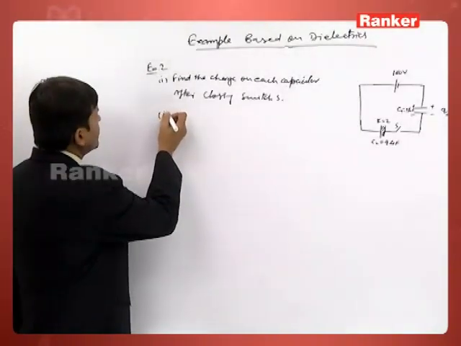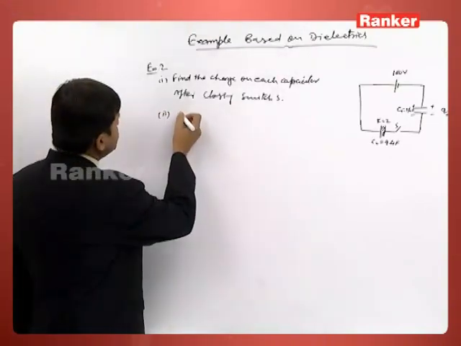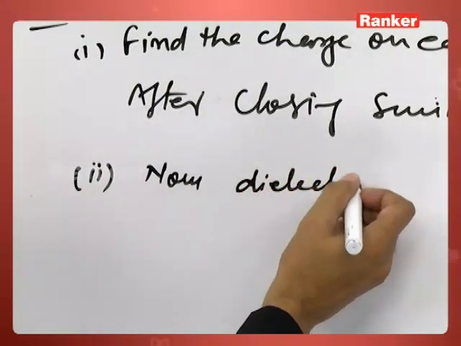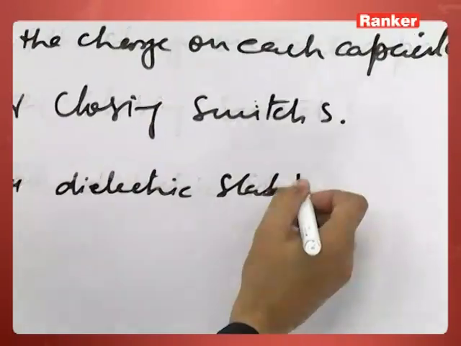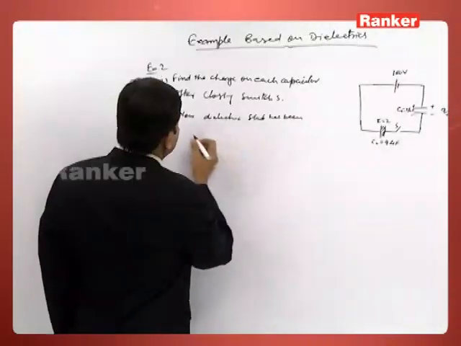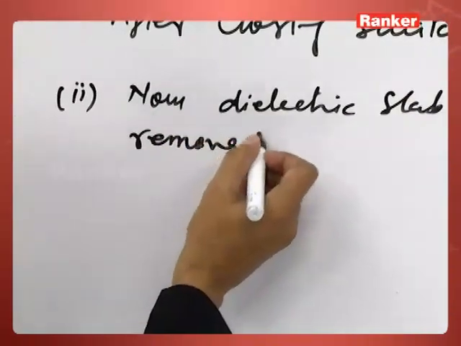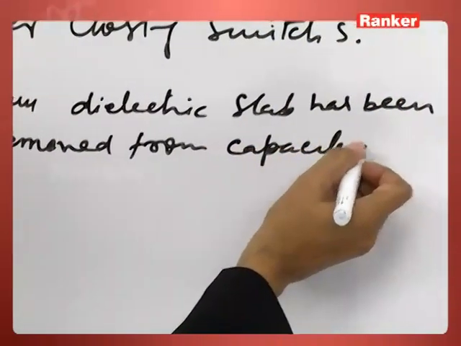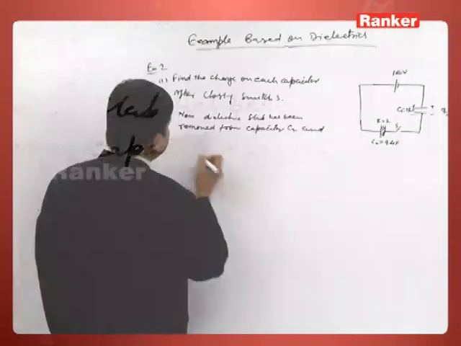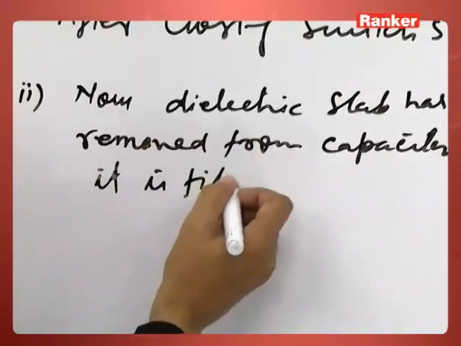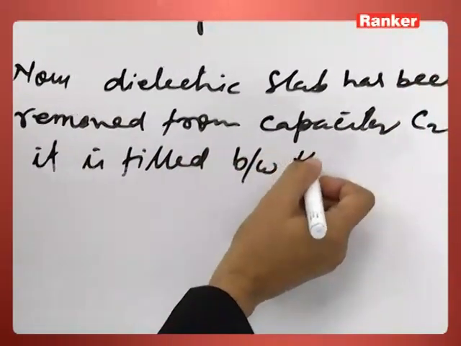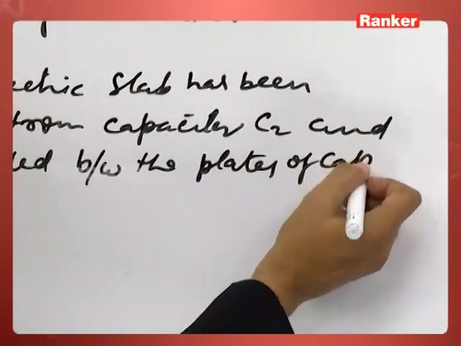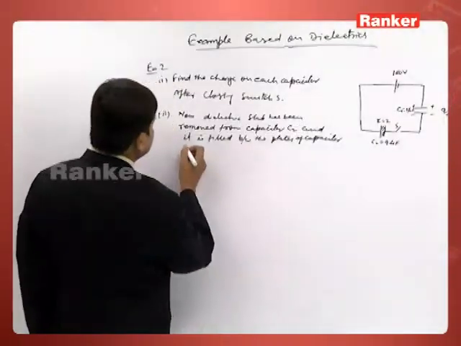In the second part, we have to calculate: now, the dielectric slab has been removed from capacitor C2 and it is filled between the plates of capacitor C1.